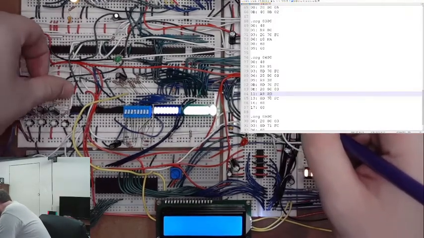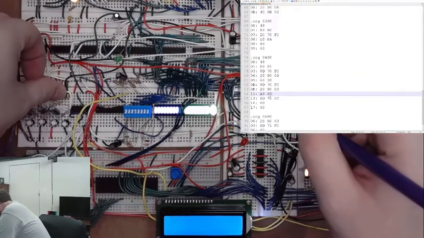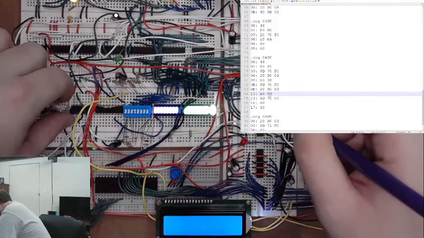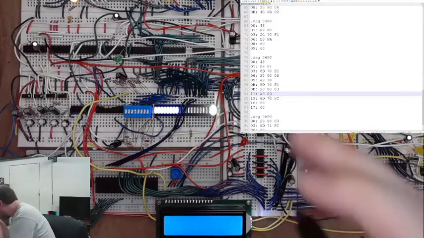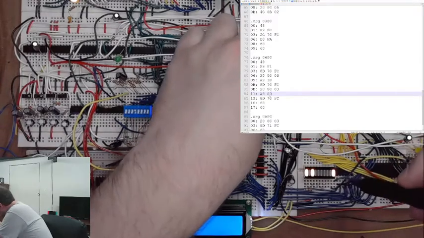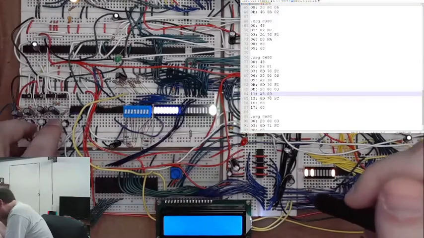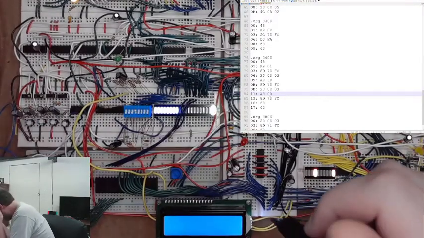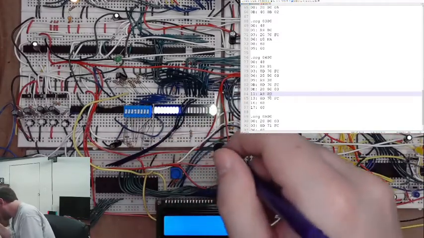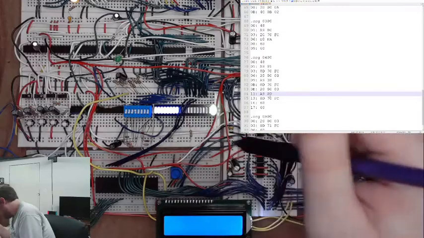Let's get this reset. Actually, I need to load it with something. But for now, I need to reset it. Right. And then we can load it with something. Okay. Because I need to set this one. And this should do it if I enable low bus. Okay. Now, disable low bus.